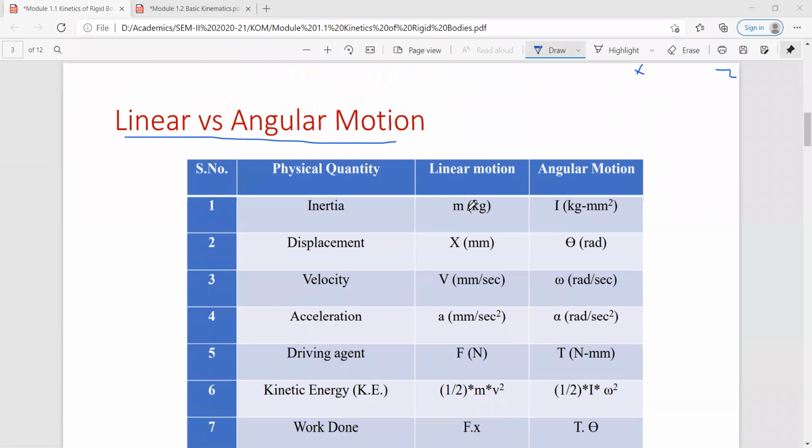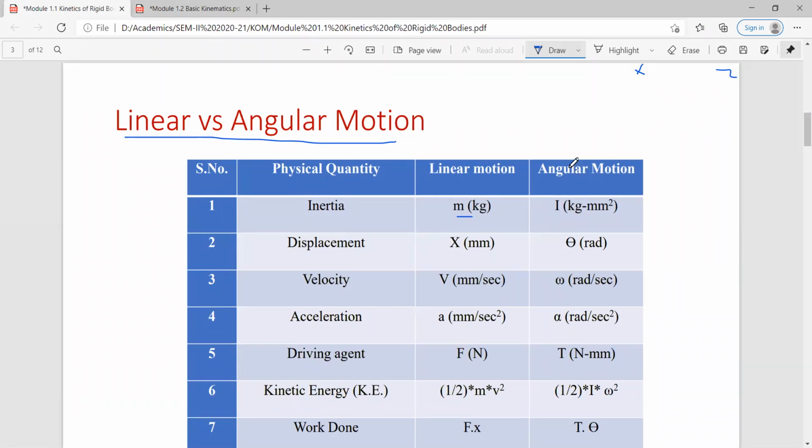Let us compare these quantities. You can see the inertia. In linear motion, how will you calculate the inertia? That is only mass. The mass of the body will represent the inertia of the system.